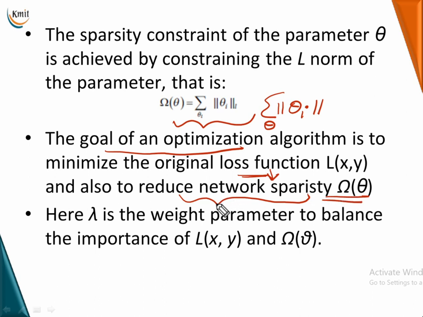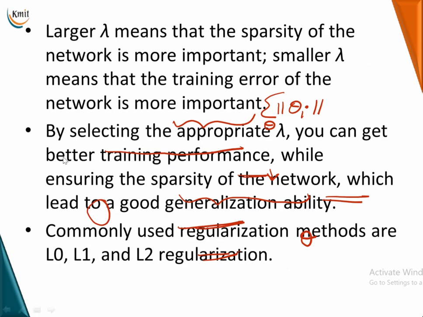So for that, you have this scaling factor called lambda, which we also call the weight parameter, and that is going to balance the importance of this loss function and omega of theta, correct? So next we are going to see how it does that.